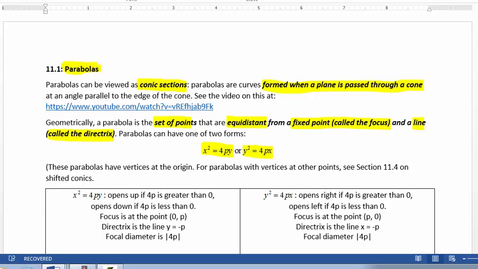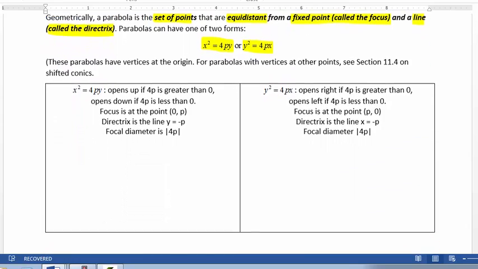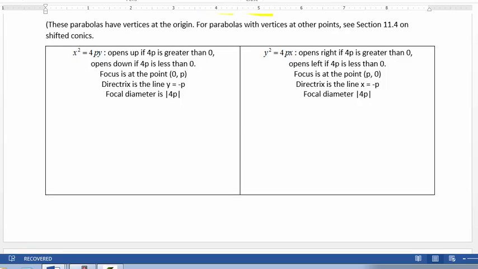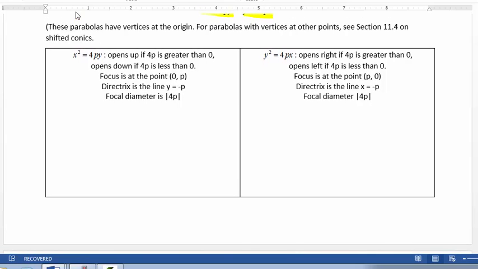The turning point, remember, is the same thing you called the turning point when you dealt with parabolas as functions. You were calling it the vertex. So we're only dealing with parabolas that have their vertices at the origin. Section 11.4, called shifted conics, is where they get into ones that have vertices at points besides the origin. So we'll look at the two different forms here.